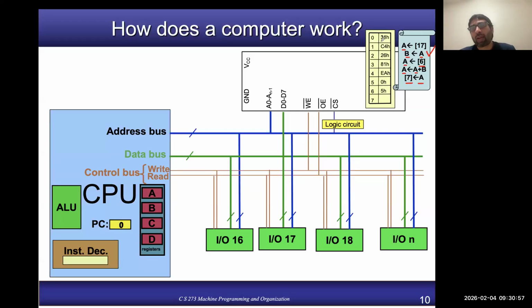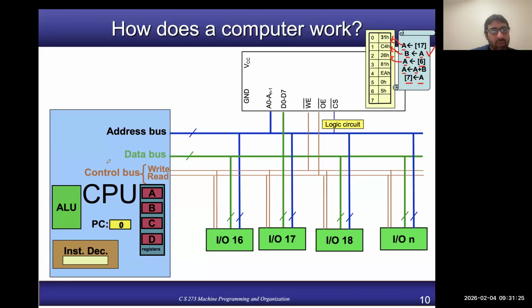For example, the code of this first instruction is 31 hex. The code of the second instruction is C4 hex. The code of the next instruction is 26 hex, and so on. So we have 5 instructions, and for every instruction you will have a code.